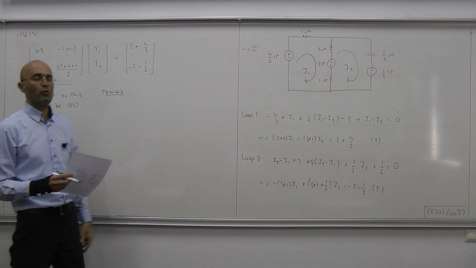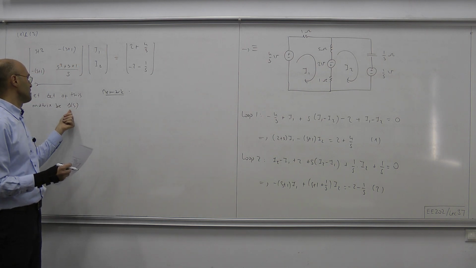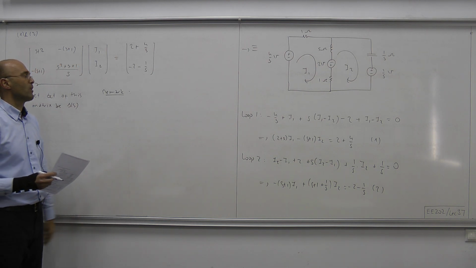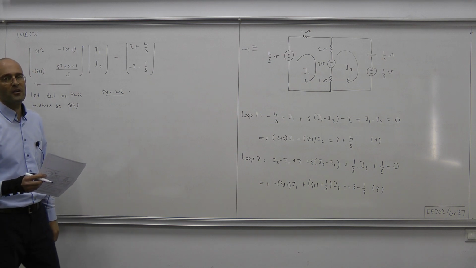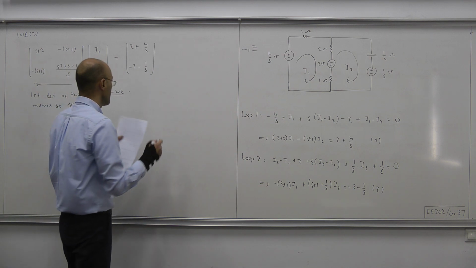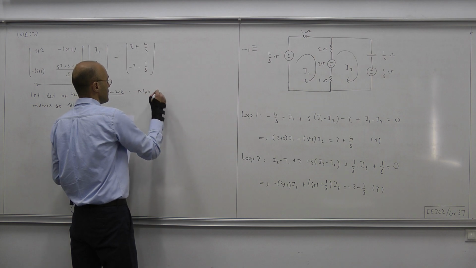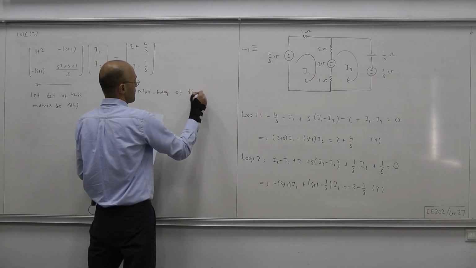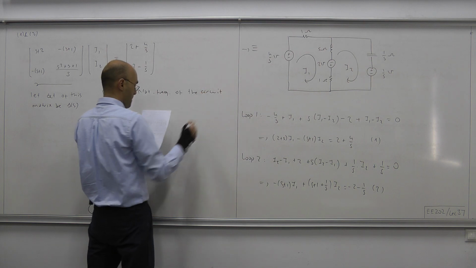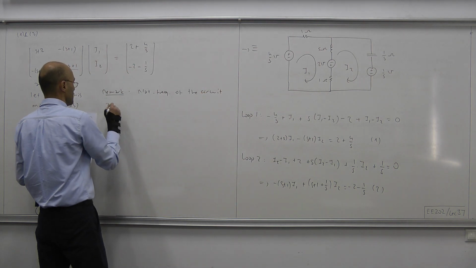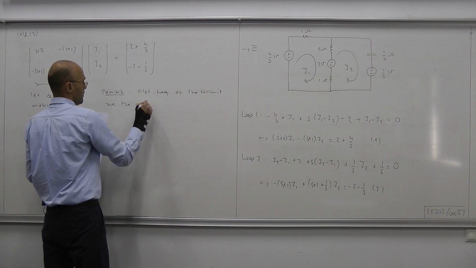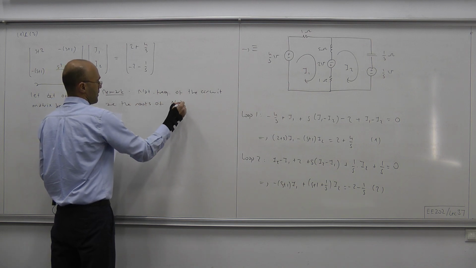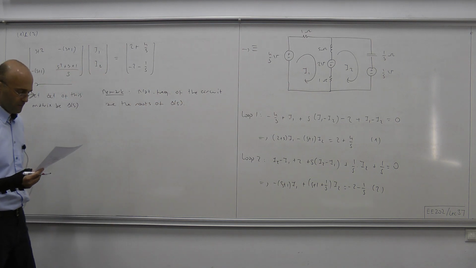The roots of that numerator polynomial, which can also be called the roots or zeros of the determinant, are the natural frequencies of the circuit. So the natural frequencies of the circuit are the roots of the determinant function.